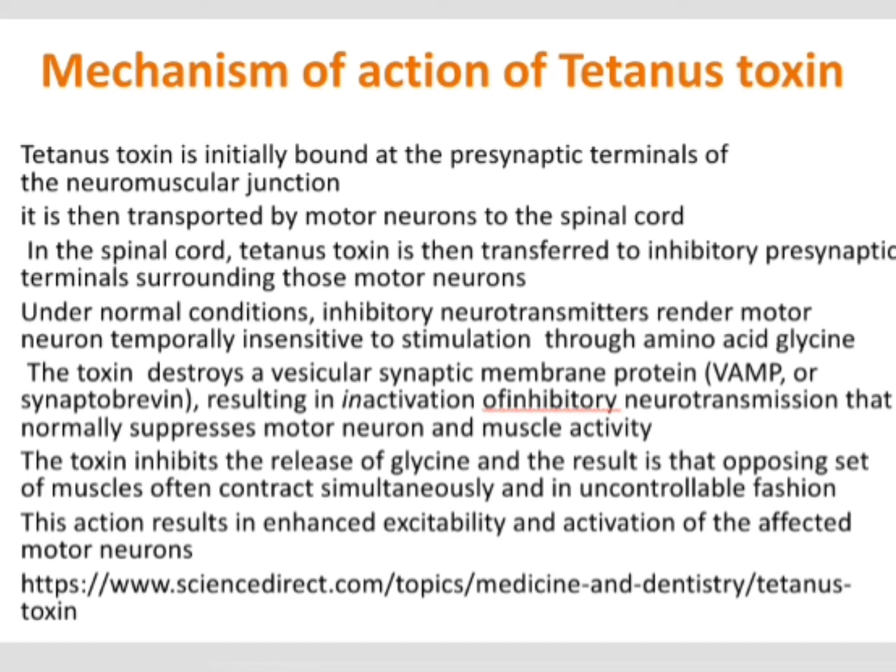It suppresses inhibition of the motor neuron, and muscle contraction will occur in an irregular or uncontrollable fashion. So the muscle is always excited, and the motor neuron is always in an activated state. So that is the effect of tetanus toxin.